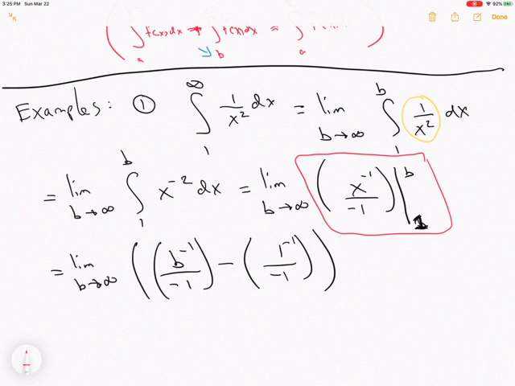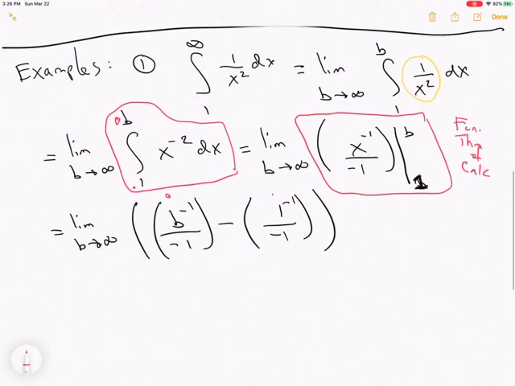So this is the fundamental theorem of calculus. It says that to evaluate a definite integral, you find an antiderivative, and then you plug in the top value first. This top value comes over here, and you subtract from it, plugging in the bottom value.